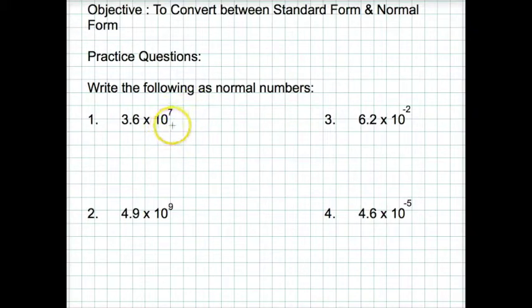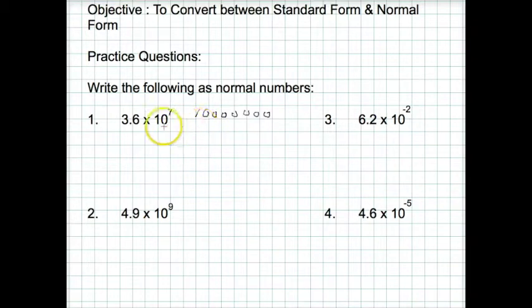Because we've got this power of 7, we're multiplying it by this number here that has 7 zeros. This is actually 10 million.